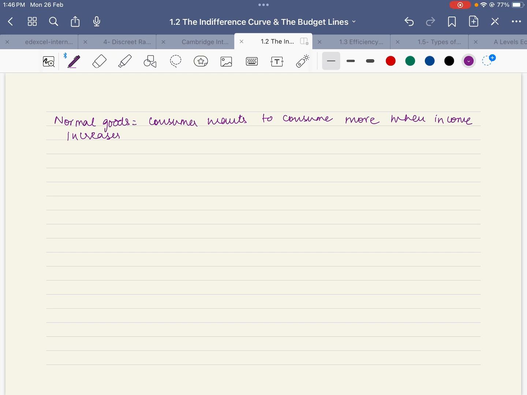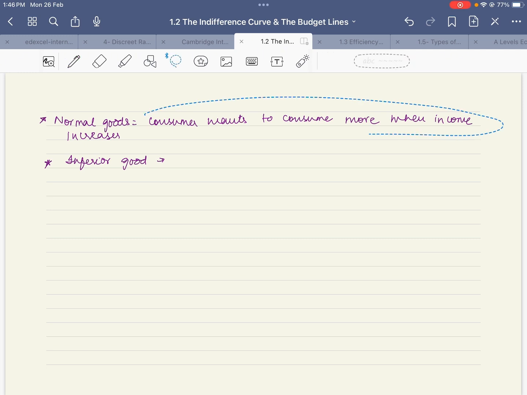If the budget constraint results in less of one good being consumed, then this is indicative that the good is an inferior good. It means that when the income rises but the consumption of one good falls, that good is an inferior good. Why? What does an inferior good mean?